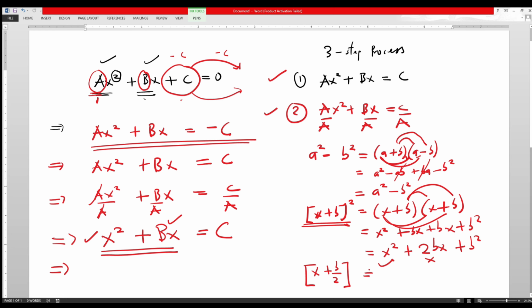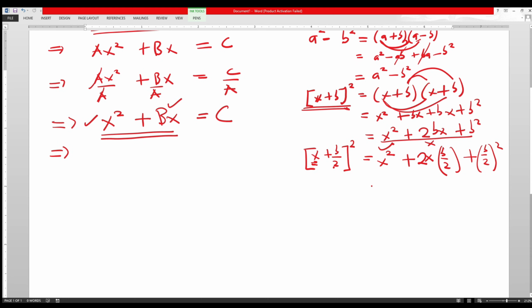Okay, so using the same analogy, when we expand this, it's going to be the first term squared, which is x squared, plus 2 times the first term, which is x, and then the second term, which is b over 2, and then the second term squared, which is b over 2 all squared.